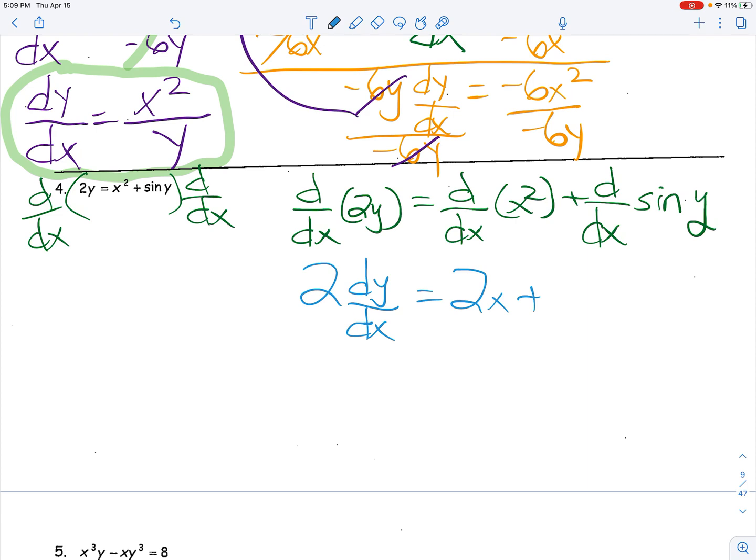You got to remember what the derivative of sine is, people. Do you remember? The derivative of sine is cosine. And also you need to remember here, people, if it was like the sine of x squared plus 4, let's say, right?